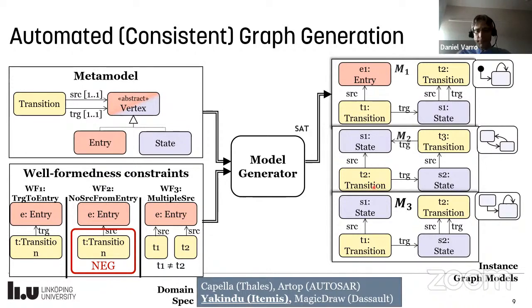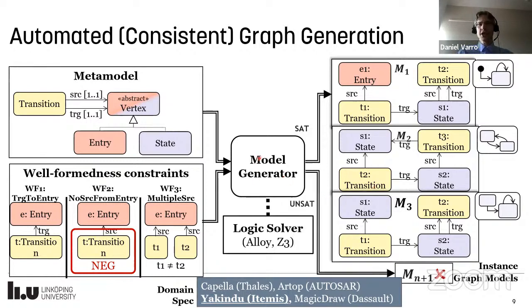And one way of doing this, and there are many researchers who have attempted this, is that you take the model generation challenge, you translate this into an equivalent logic-based formalization, and then you use backend logic solvers like Alloy, SAT solvers, CSP solvers, SMT solvers, and you use those solvers to derive instances of graph models.